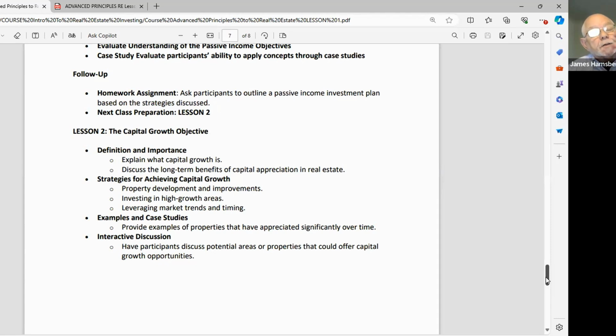And so we're going to walk you through how to perform or outline a capital growth objective in real estate. The long-term benefit is that it gives you capital appreciation at the same time that it gives you the economic value that when you make a disposition and sell that property, you've already got the tax strategies in place so you're not going to have any tax exposure.